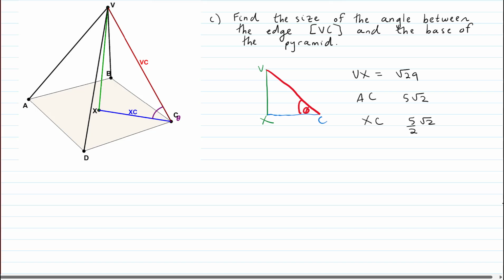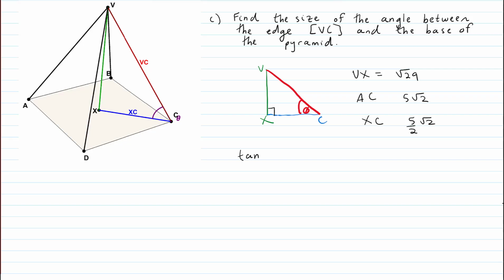Because we know X is the midpoint, so X to C is just half of A to C. So just using trigonometry, because we know V to X is a right angle, because V was directly above X there, tan of our angle, so tan theta, is going to equal VX over XC. So that is root 29 divided by 5 root 2 over 2.